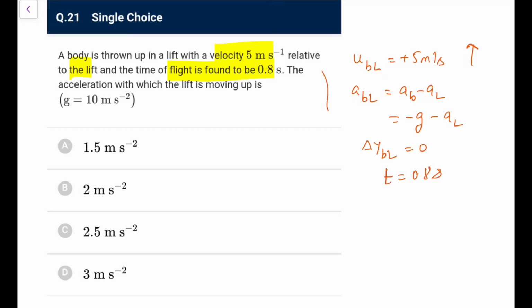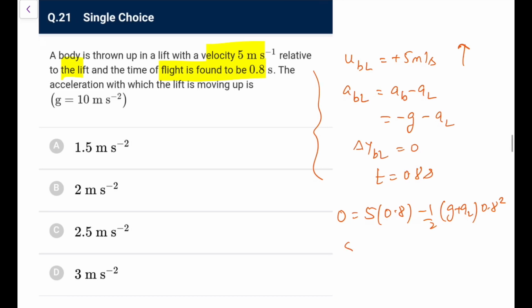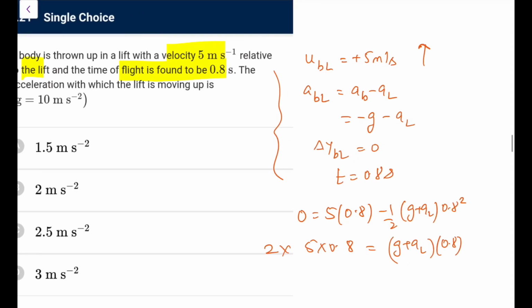So apply the second equation: 0 is equal to 5 into 0.8 plus half at square, and a is negative, so I can take the minus sign out, into G plus AL into 0.8 square. So 5 into 0.8 multiplied by 2 is equal to G plus A of lift into 0.8 square, that is 0.8 into 0.8, because one 0.8 would be cancelled.